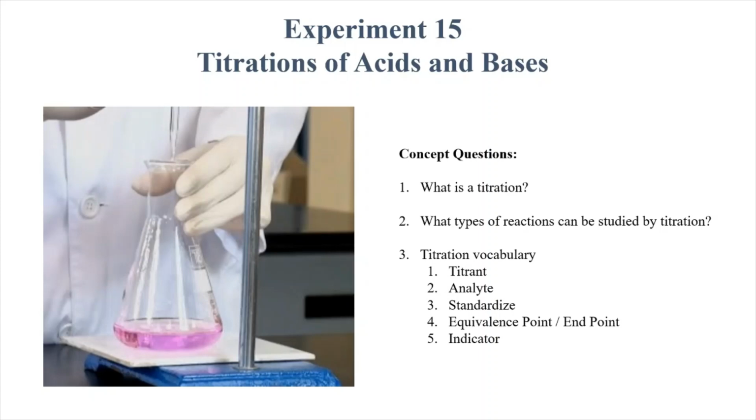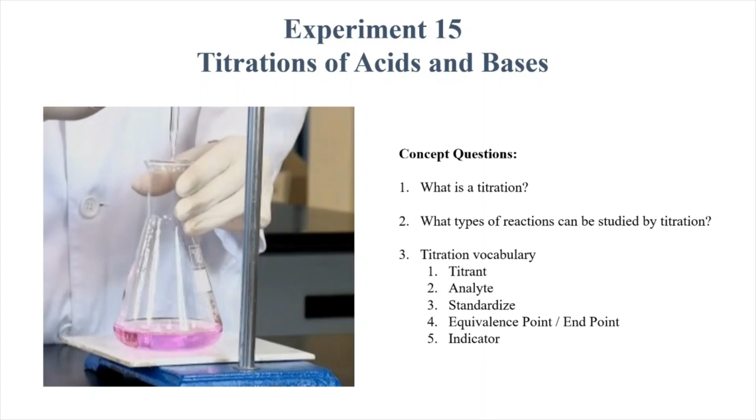Well, the goal of a titration is to determine the concentration of an unknown. Now, we have to start using some of the vocabulary words that go along with titrations. Typically, the unknown, or the solution where we don't know the concentration and we're trying to figure out that concentration, is called the analyte, the thing that we're trying to analyze. And we do that by using what we call a titrant, and the titrant most often is a solution where we know the concentration very accurately.